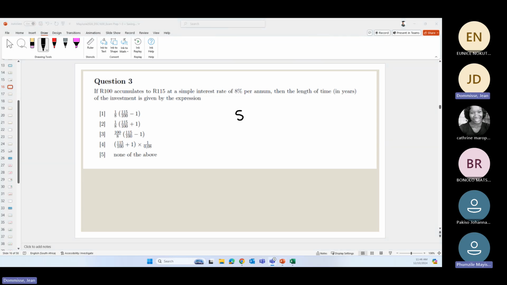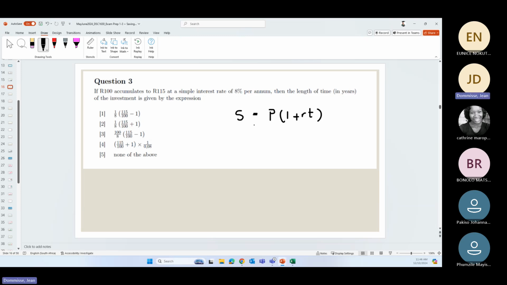That is future value is equal to present value times (1 plus RT). So there is our simple interest formula.